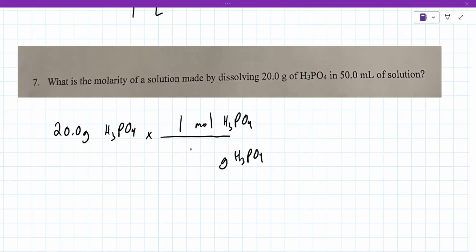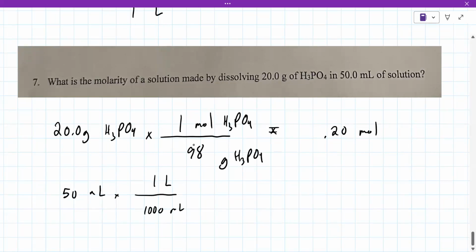98 grams. Very good. And go ahead and calculate the moles here for us. 0.20 moles. And then we have to convert 50 milliliters to liters. 0.05.